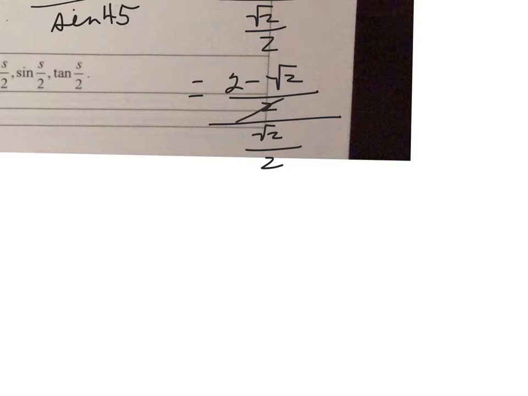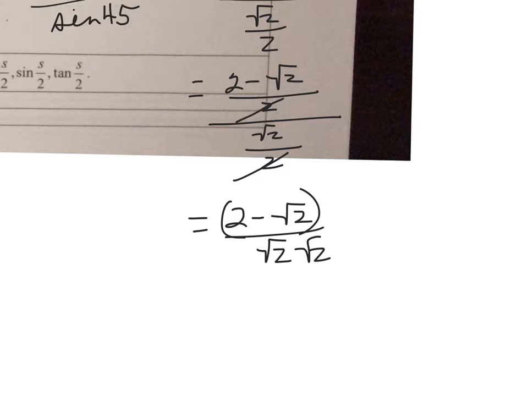And those 2's would cancel. So I have 2 minus root 2 over root 2. And now we'll rationalize the denominator by multiplying by root 2, and also in the numerator.